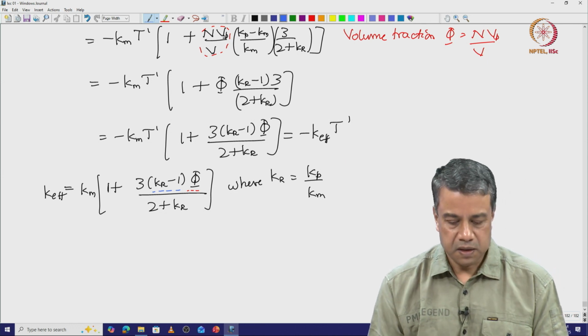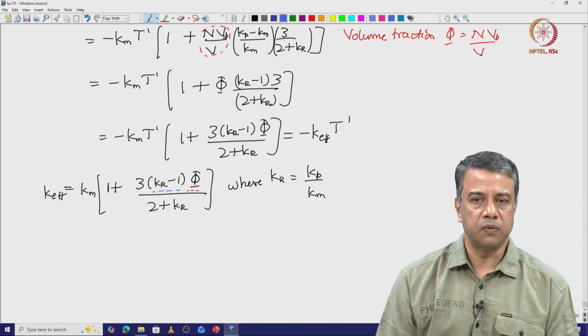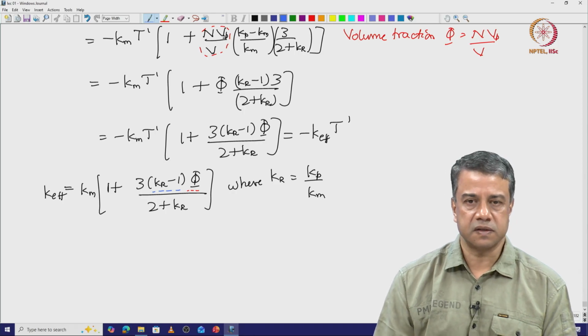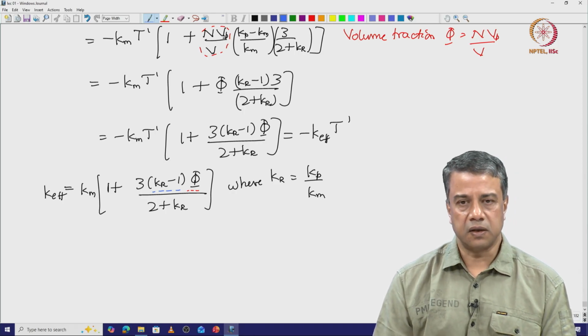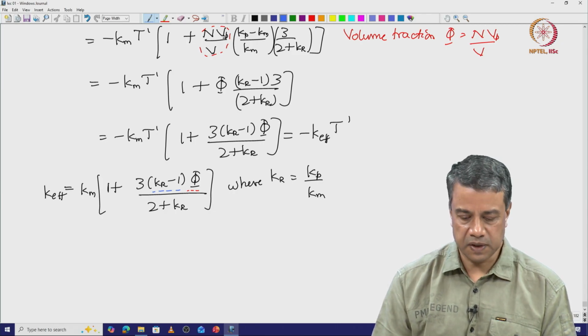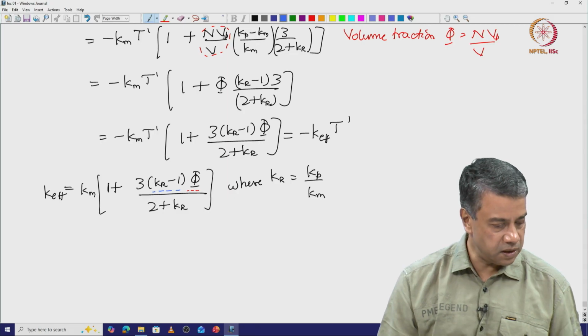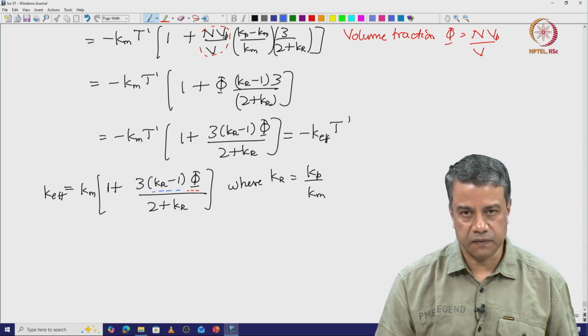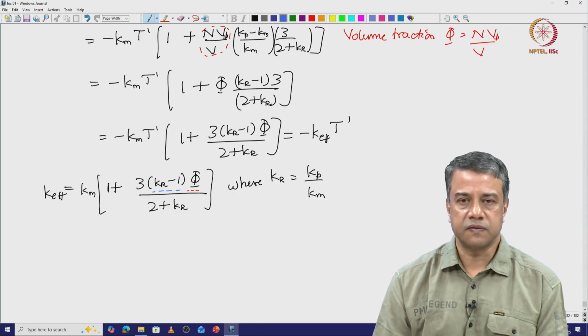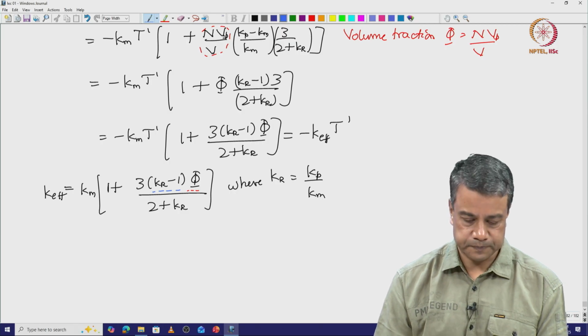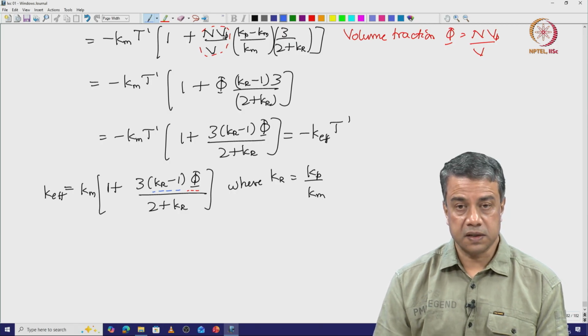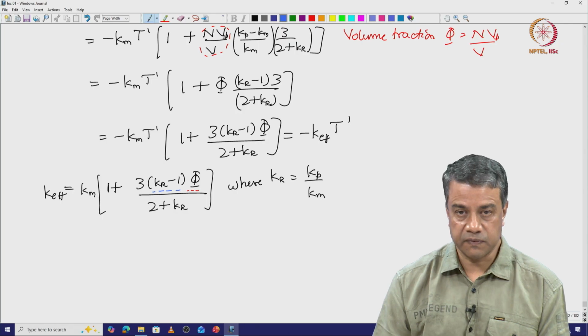So, this is an example of how we use separation of variables, spherical harmonics, the orthogonality relation between the Legendre polynomials and volume averaging in order to find out the effective thermal conductivity of a composite material with spherical particle inclusions. Note that this is dependent only on the volume fraction.